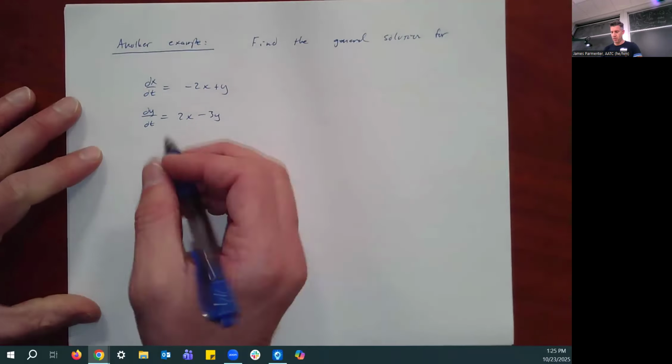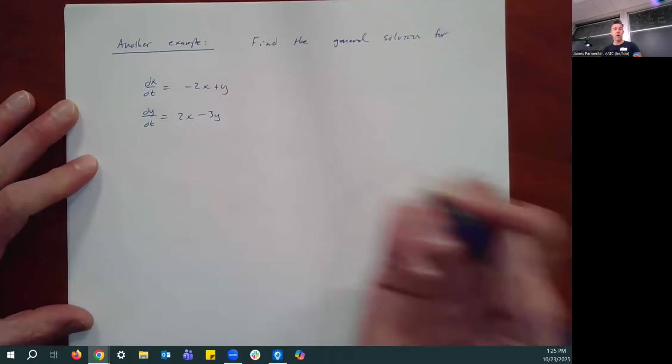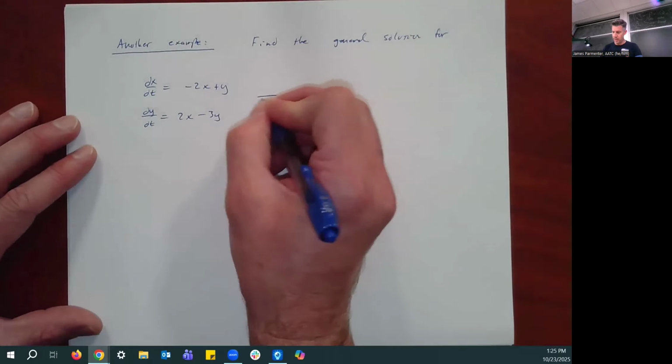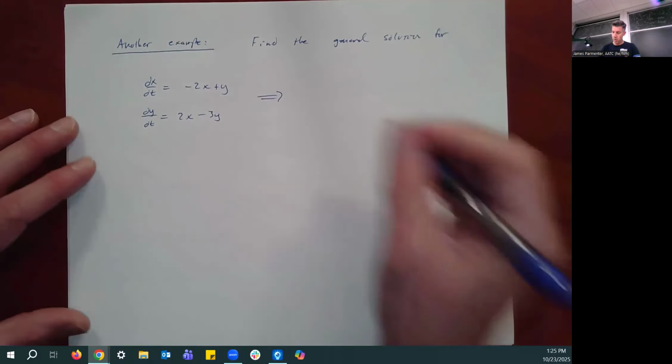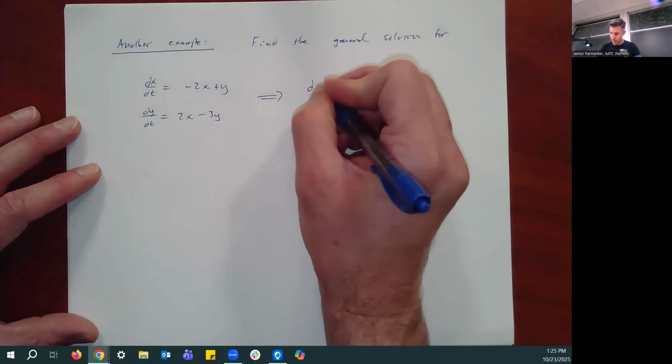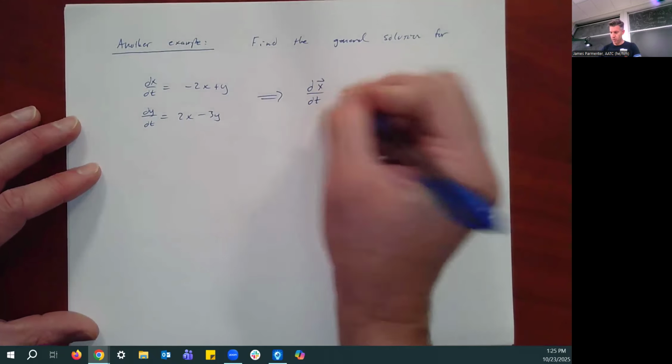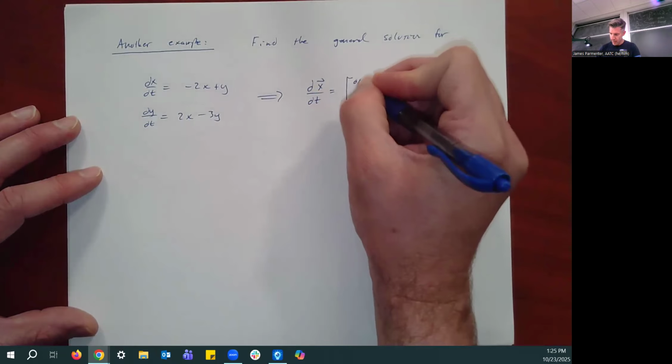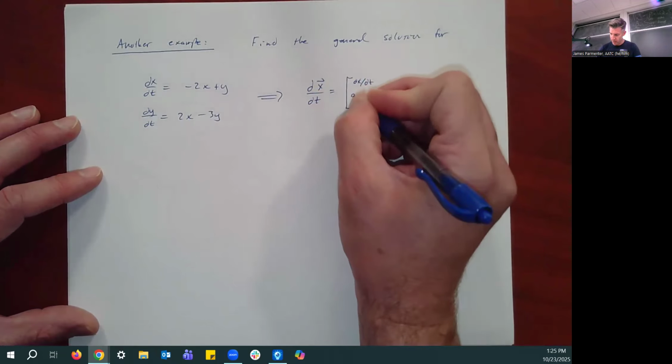We might. So whenever you have this, you're always going to rewrite it as a matrix equation. Our derivative vector, which you could write as a vector instead of x1 over it.